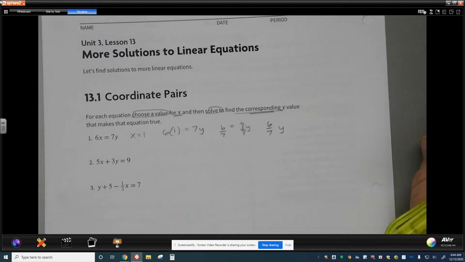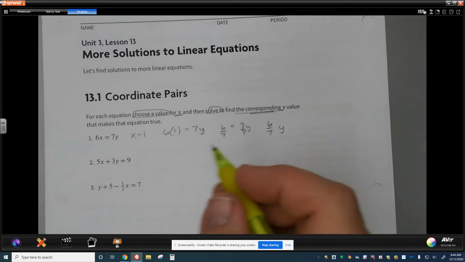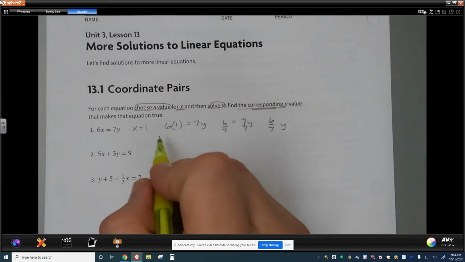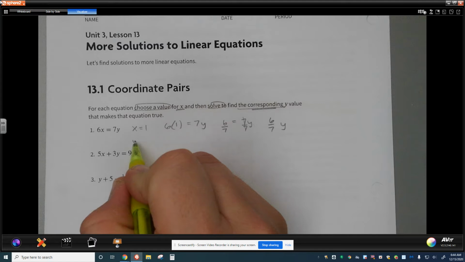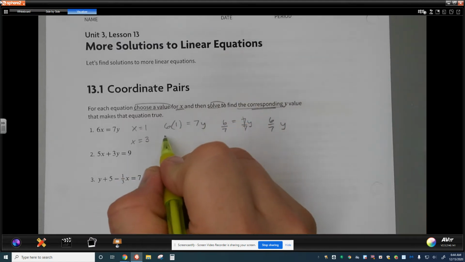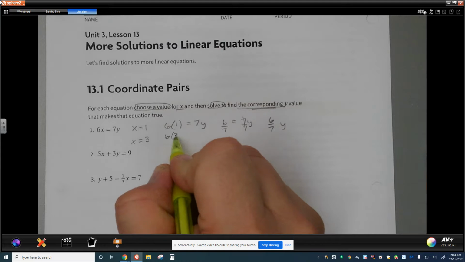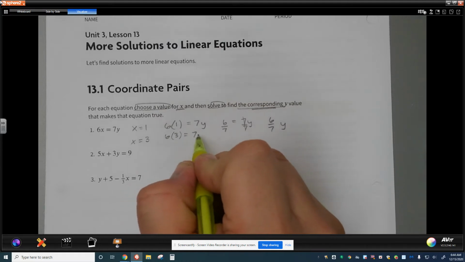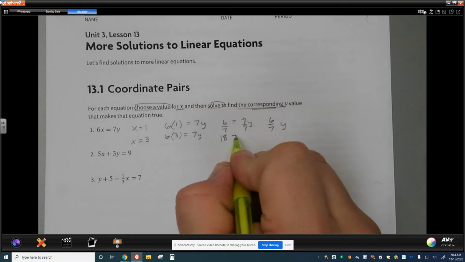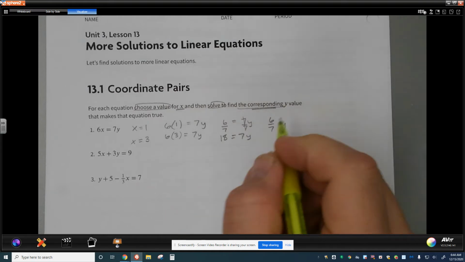Now I could try any other number I want for x. If we wanted to see another example, I'm going to use some of this space going down here. Let's say x equals 3. Then I would run through the same process and say 6 times 3 is equal to 7 times y. 6 times 3 I know is 18. 18 is equal to 7 times what?